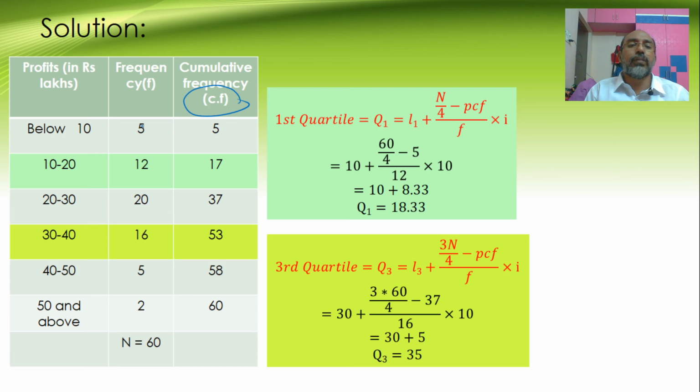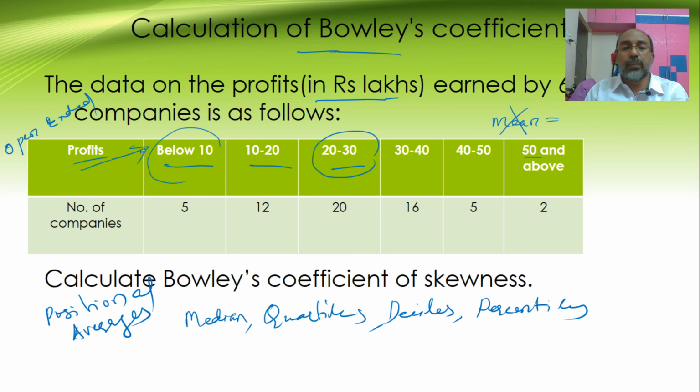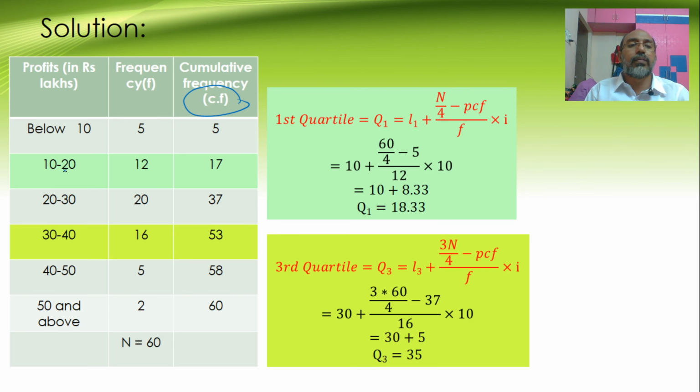So 5, this is up to below 10 lakhs, you got 5 companies, whereas 10 to 20 lakhs has 12 companies, and so on.